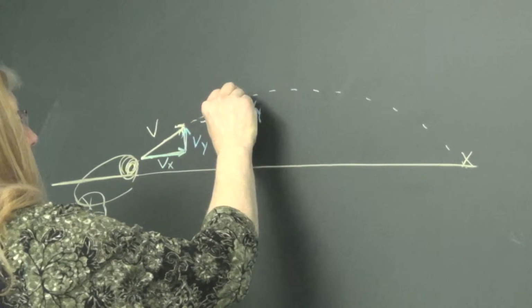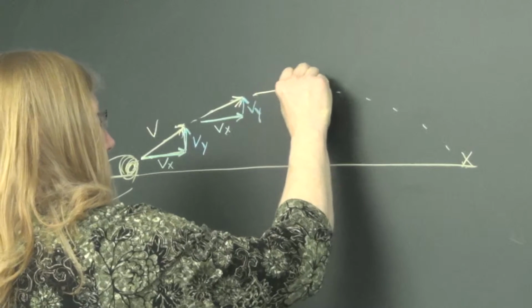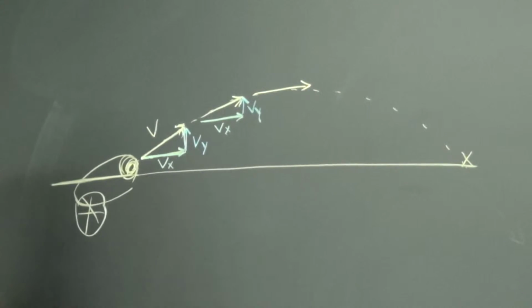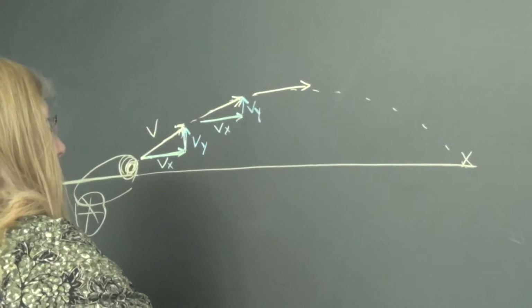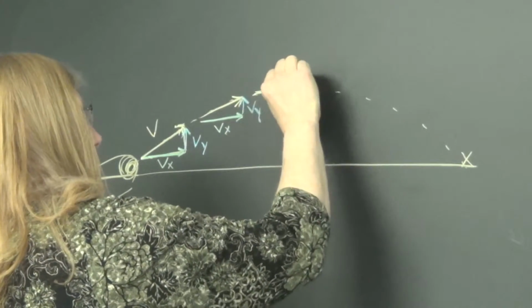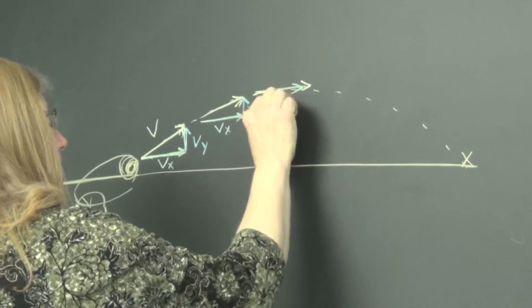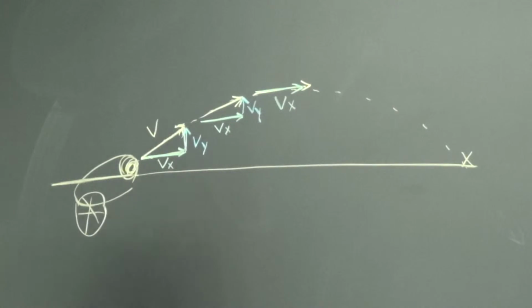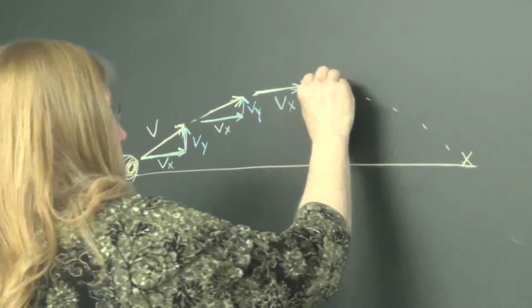What happens at the tippy top here? What happens to the V sub y? It's gone. So on the top, it's shrunk away. So all I have is the actual vector itself is the same length as the horizontal part. And then it starts coming down.